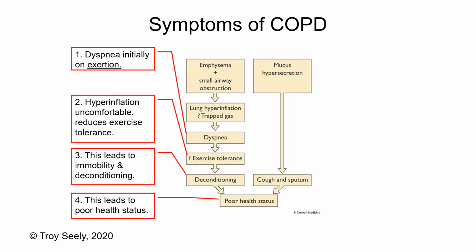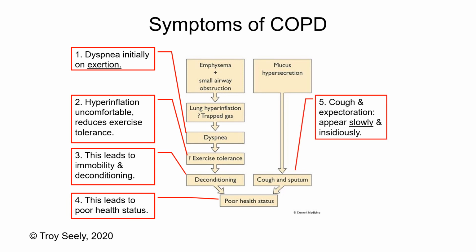Now, that was looking on the left side related to emphysema. Consider what might happen here with the mucus hypersecretion related to chronic bronchitis. Now you've got cough and mucus, and this cough and expectoration can appear slowly and insidiously, just like we highlighted here. This may come on a little bit slower.